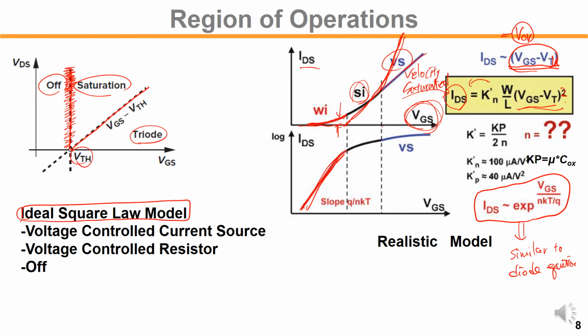So it's just saturated. Why? Because of the higher voltage VGS, for example, here. If you drive a higher voltage, then you get a more intense electrical field.